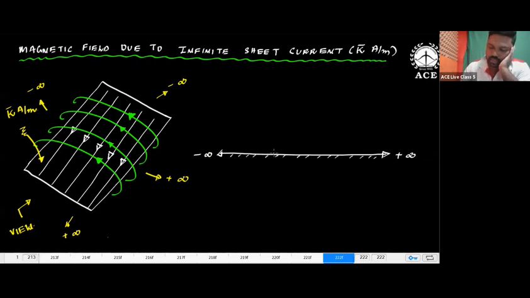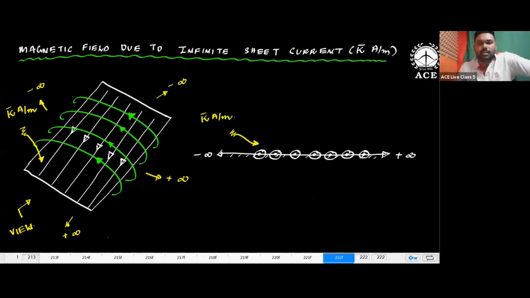So the current is coming outside. How am I characterizing this current? I am characterizing this current as K. Units are ampere per meter.